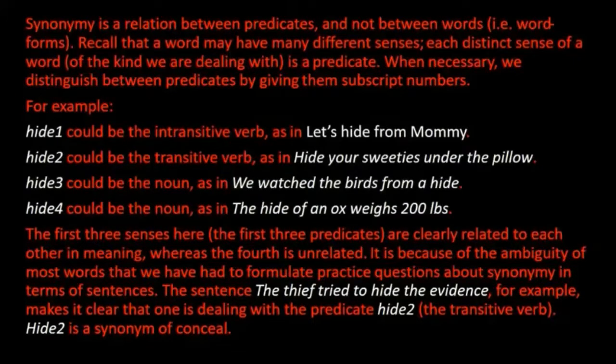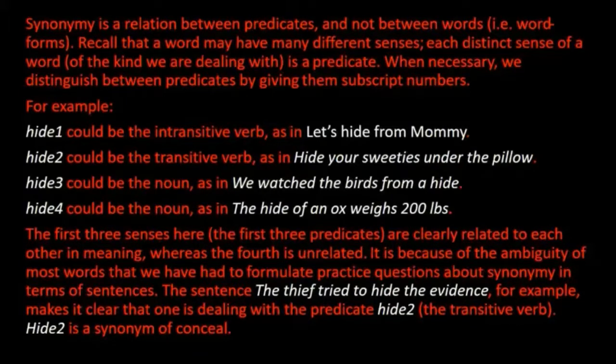Synonymy is a relation between predicates and not between words. Recall that a word may have many different senses. Each distinct sense of a word of the kind we are dealing with is a predicate. When necessary, we distinguish between predicates by giving them subscript numbers.